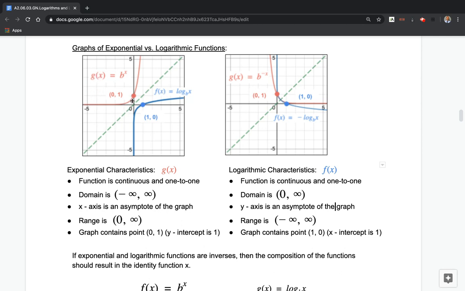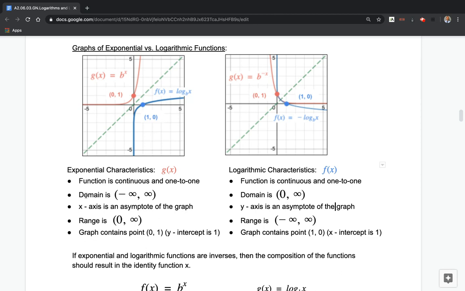As we can see, both of these graphs are a reflection of each other over the line y equals x, which is represented by the green line. And we can take a look at some of the characteristics. The exponential function characteristics, those are the g of x, those are the red functions. The functions are continuous and one-to-one. The logarithmic functions are the same.